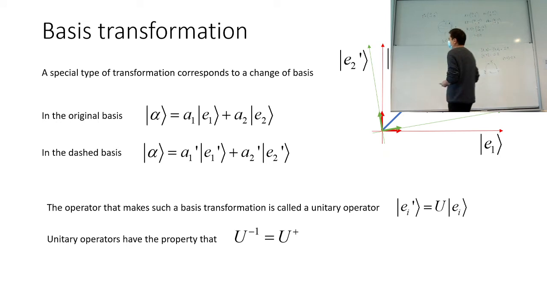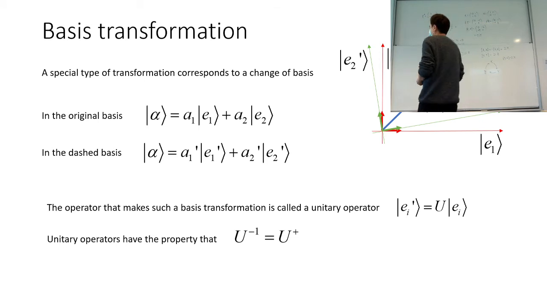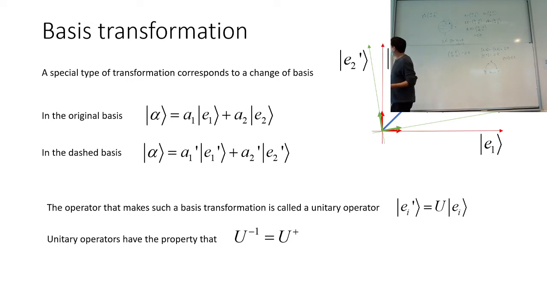And finally, it's a little bit like what we were talking about with the basis transformation, which I brought in a bit earlier. So if we have a vector alpha, what we've been doing up until now is writing that vector in terms of some unit vectors e1 and e2 with some coefficients.